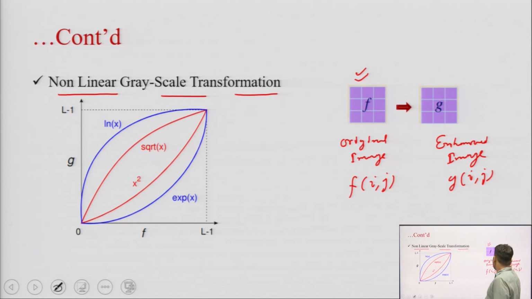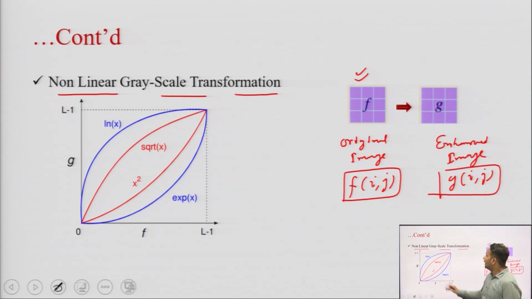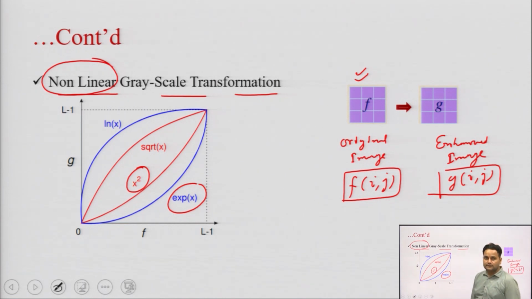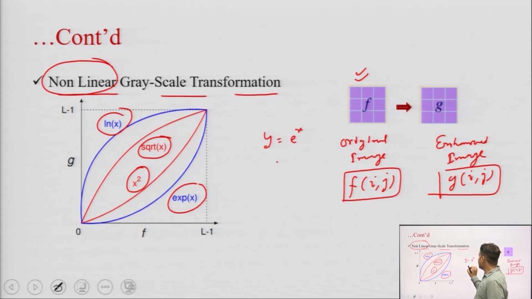Now, what is the relation between f and g according to a non-linear type of function? It might be exponential, it might be x square, it might be square root, it might be natural log. So y can be exponential of x, or y can be x square.